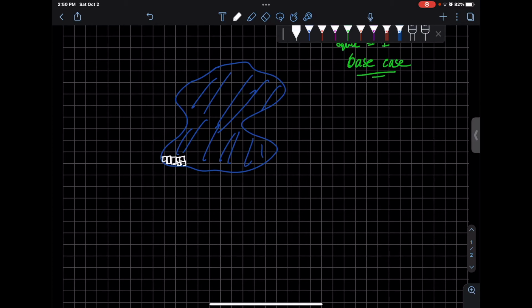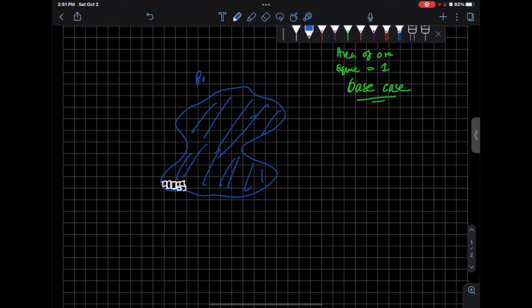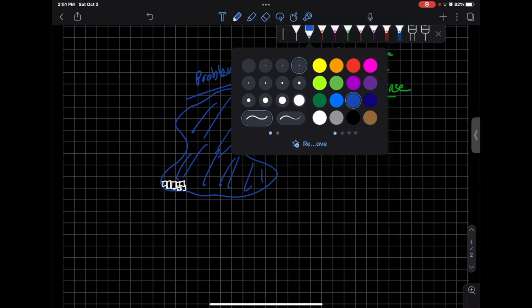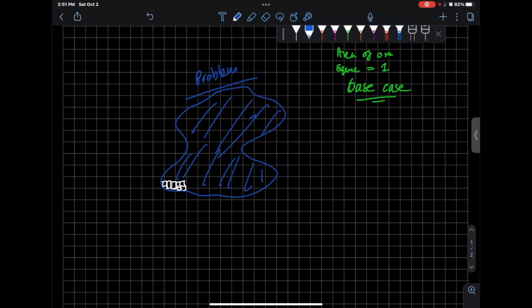So if I put all of these things together eventually, let's just call this the big problem, this huge dragon, it's impossible to solve, but we know that it's made up of these tiny little dragons, and we can kill these guys, that's no problem. Eventually we chain them together, and we'll finally have solved this problem.